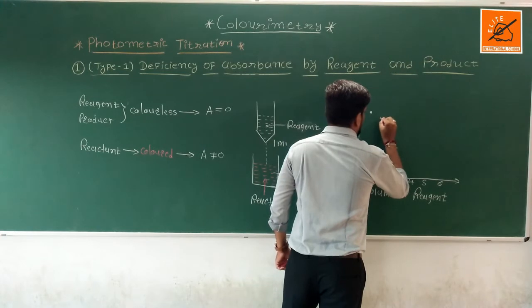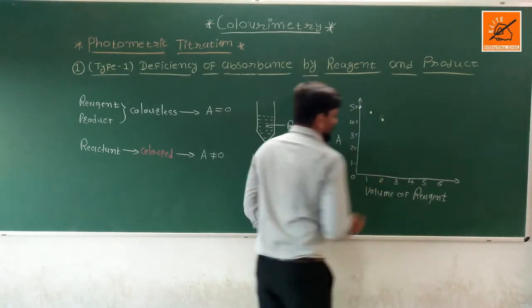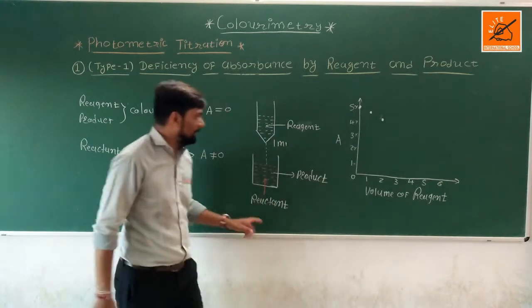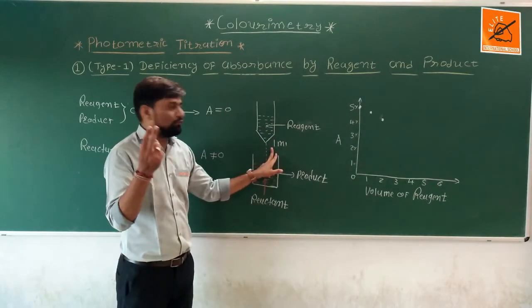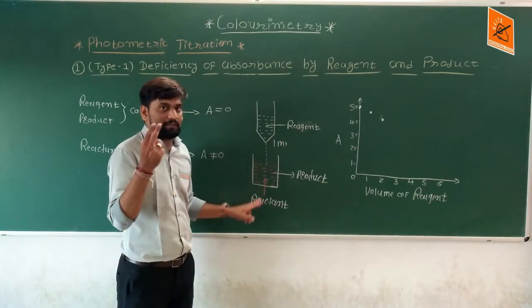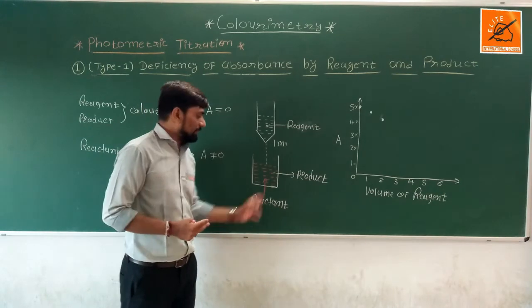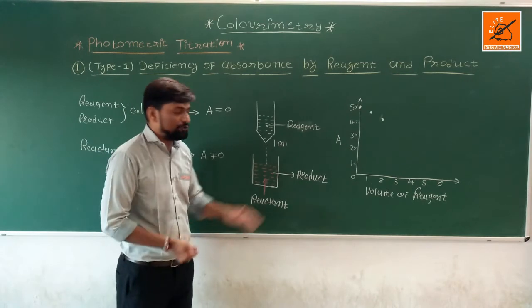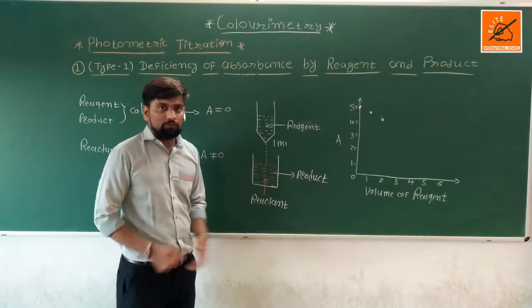Suppose it gives a value here. Because a total of 2 ml of reagent is added into the flask, 2 ml of reactant converts into the product. That's why the volume of reactant gradually decreases as it converts into the product.